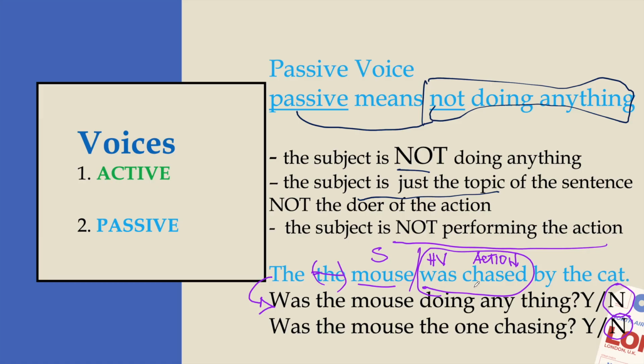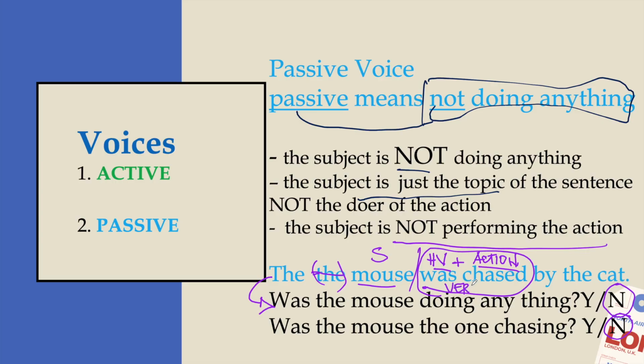It's also important to note that when you form the passive voice, you have to have a helping verb together with the action verb. Therefore, a verb in the passive voice is always a verb phrase.